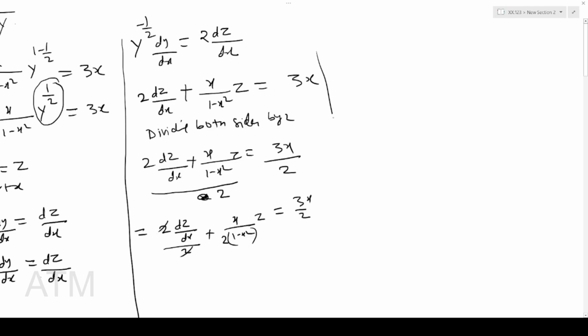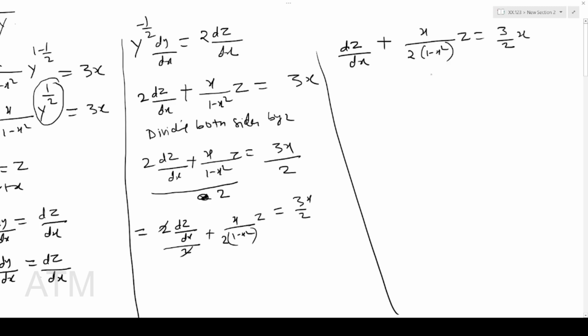So what do you get now? You will get here dz by dx plus x upon 2 into 1 minus x square, z equals 3 by 2 x. Now it is a linear differential equation where p is x upon 2 into 1 minus x square, and q equals 3 by 2 x.